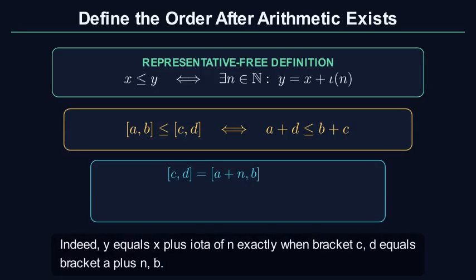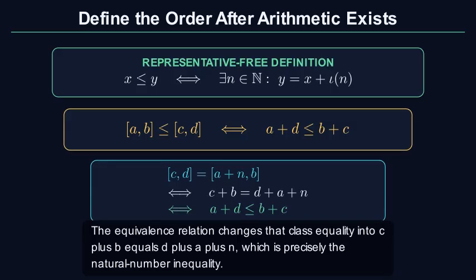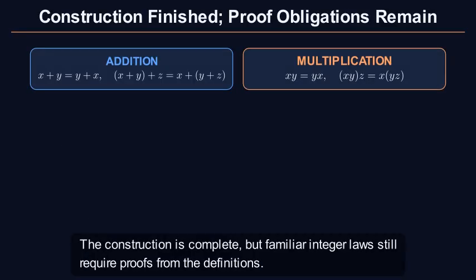Indeed, y equals x plus iota of n exactly when bracket c, d equals bracket a plus n, b. The equivalence relation changes that class equality into c plus b equals d plus a plus n, which is precisely the natural number inequality. The construction is complete, but familiar integer laws still require proofs from the definitions.